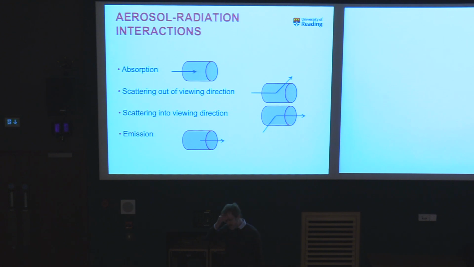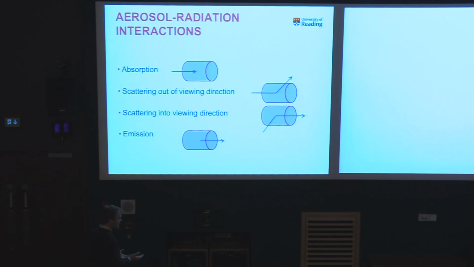So I've said aerosol radiation interaction a lot. It's perhaps time that I say what I mean by that. So essentially I'm talking about 4 processes. Aerosols, which are represented here as little gray box, can absorb radiation. So you get radiation in and you get nothing out at that wavelength.